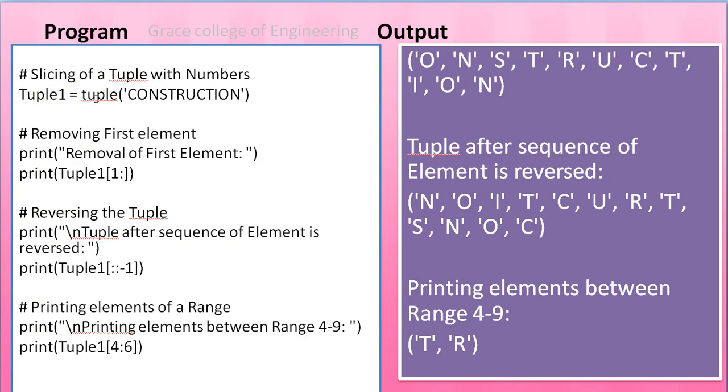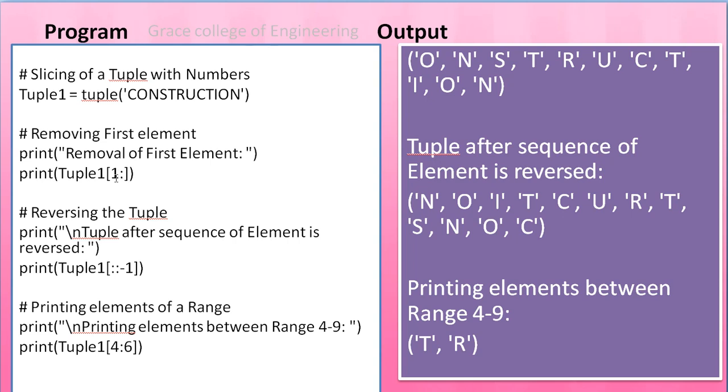The next, slicing a tuple. First the tuple is created. The variable is tuple1, which is equal to tuple of construction. Okay. So here slicing means each and every character will be separately printed. So first one, removal of the first element, that is based on the index it will be sliced.